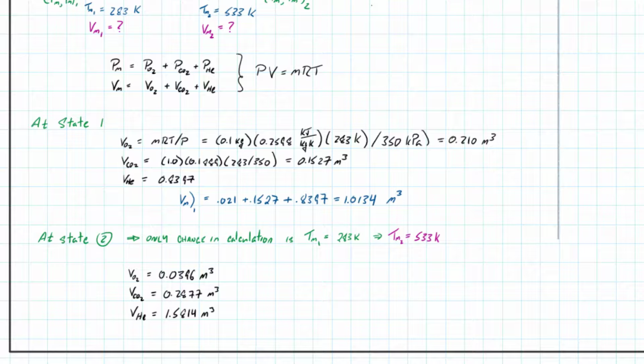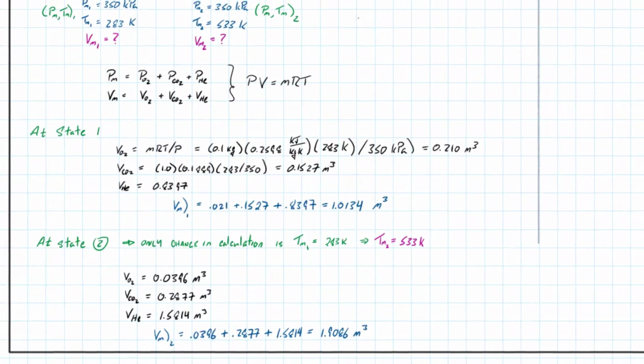The volume of the mixture at state 2 is then equal to 0.0396 plus 0.2877 plus 1.5814, which then equals a value of 1.9086 cubic meters.